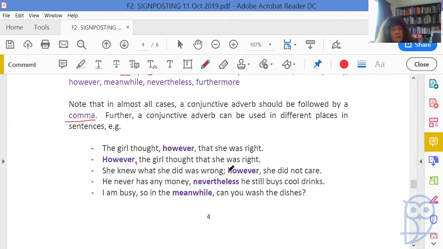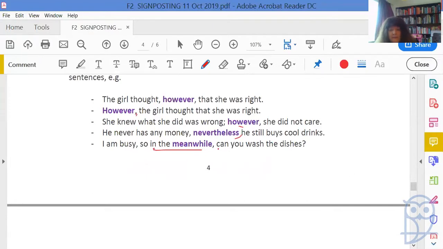She knew what she did was wrong, semicolon, however, she did not care. He never has any money, comma, nevertheless, comma is missing, tut tut. He still buys cool drinks. I'm busy, so in the meanwhile, can you wash the dishes? Hopefully that shows you where to use your commas.